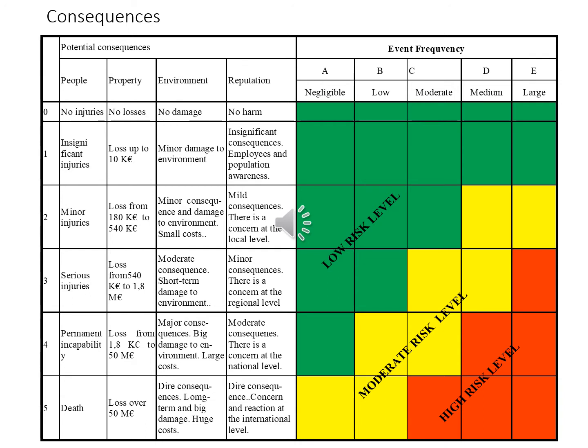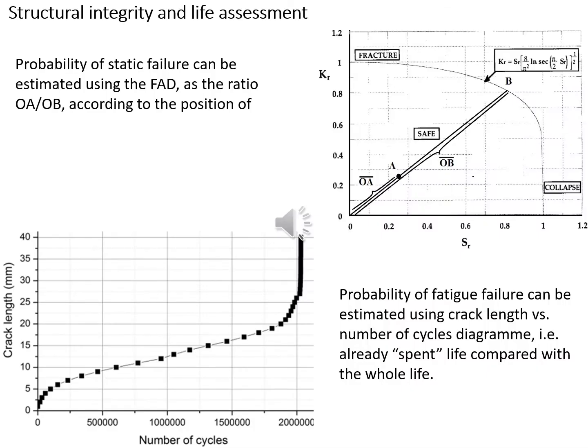In combination with event frequency or probability, we can get this green, which is low risk level, yellow, which is moderate risk level, and red, which is high risk level. Anyhow, the focus here is not on consequence, but rather on probability.